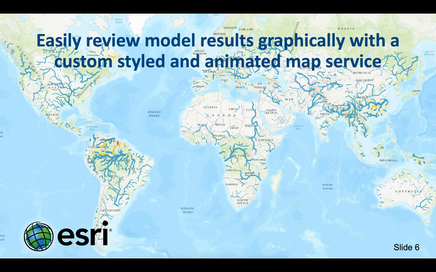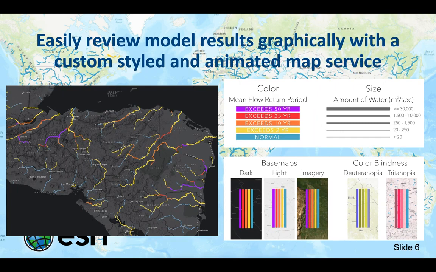And this mapping service corresponds to the most recent forecast. So based on our forecast data, we can change the thickness of the line, like I've got shown on the top right of the slide, the thickness to match the volume of water moving through the river at that point. Then the color indicates whether or not we expect that river to exceed a return period threshold.